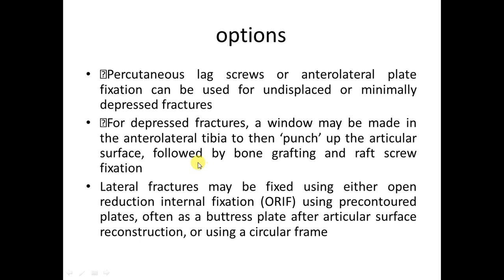You have a lot of options: percutaneous lag screw, buttressing, or a bridging lateral plate, either locked or non-locked. Also, for the posteromedial fragment, you can fix it with a one-third plate, or hold it from the lateral side with a better locked plate.